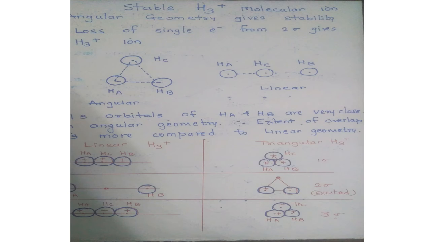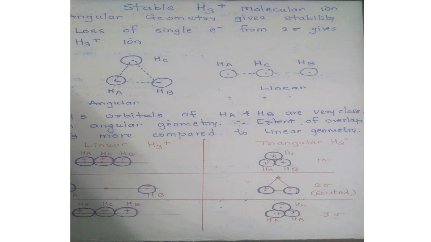If addition is undergoing, that leads to a bonding situation. That means 3 sigma energy level will be slightly lowered. It will be towards bonding molecular orbital. So compared to 3 sigma energy level in linear geometry, in triangular geometry 3 sigma level will be slightly lowered.